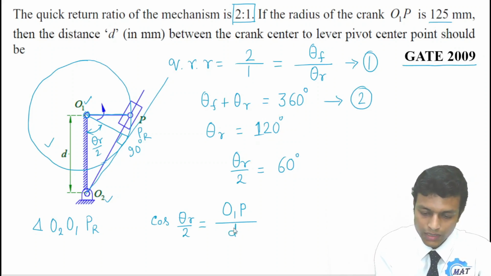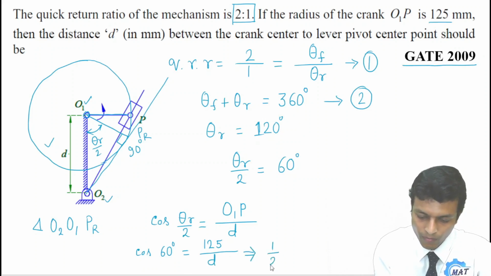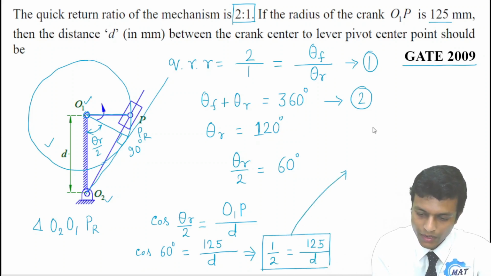So from this equation we can write cos of 60 degree, as theta r by 2 is 60 degree, equals O1P, which is given as 125, divided by D. That implies cos 60 degree is half, equal to 125 by D. If we solve this, we can easily get the value of D. D will be 250 mm.